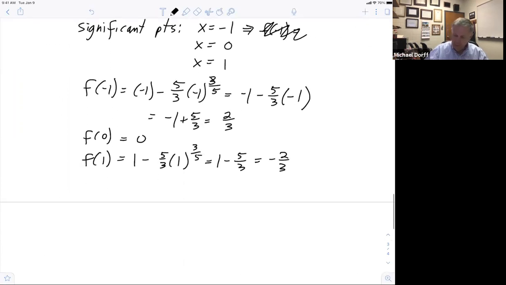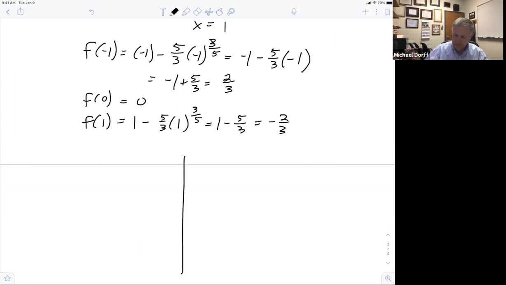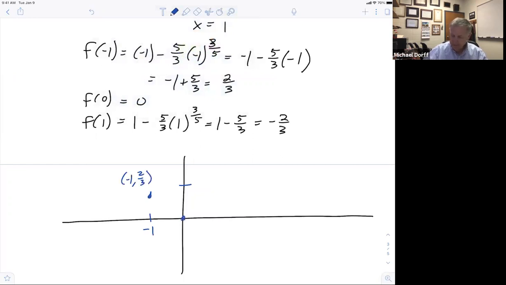So then I can use those points to help sketch my graph. At -1, I've got the point (-1, 2/3). I've got (0, 0). And at +1, I've got (1, -2/3).